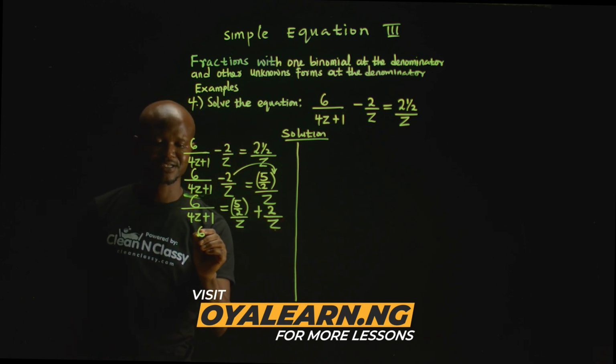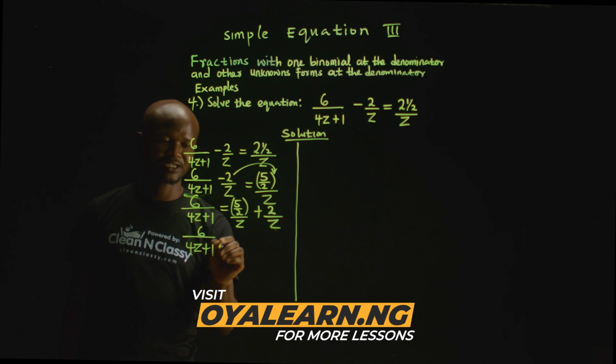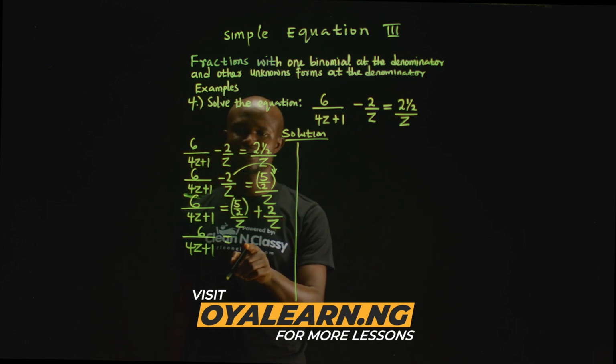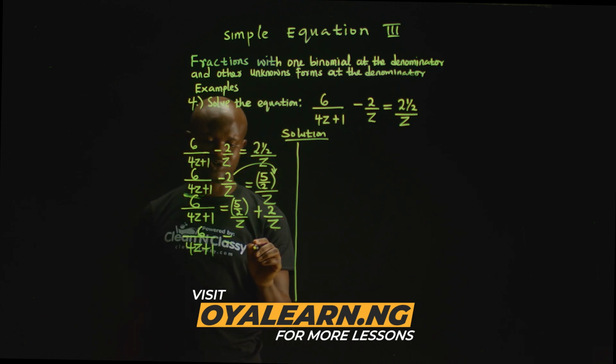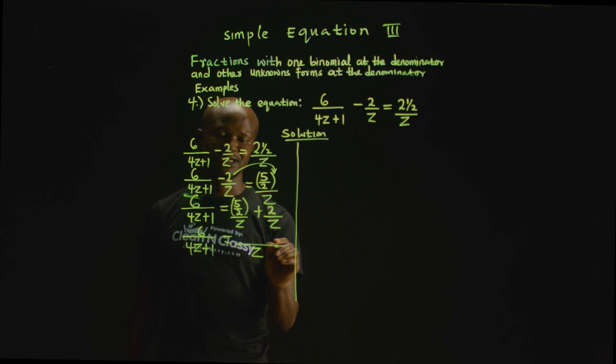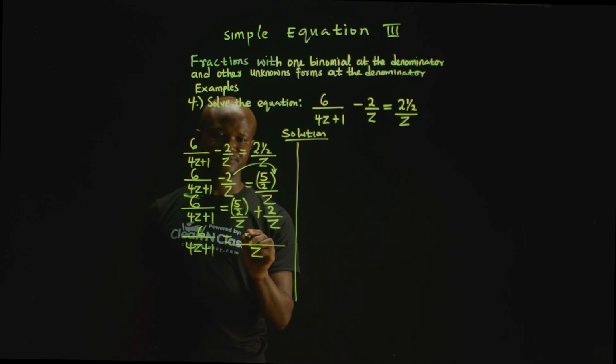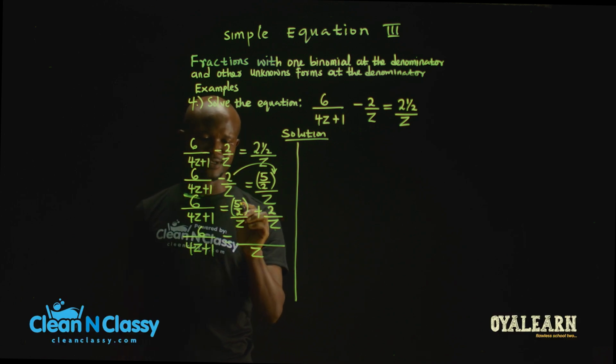So we have 6 divided by 4z plus 1 equals, since they have the same denominator, the LCM is also the denominator. Then we add the numerators together: 5 divided by 2 plus 2.